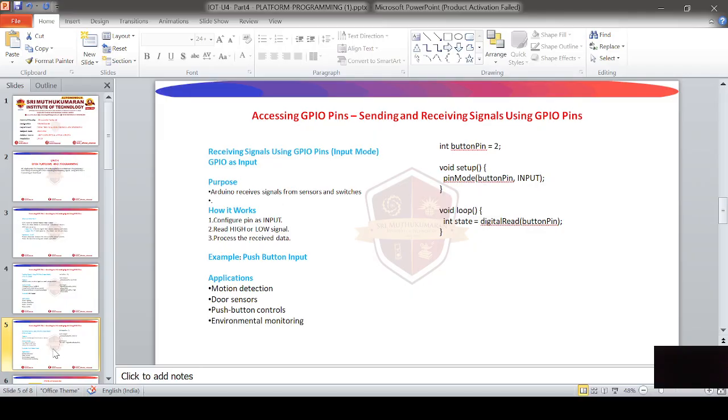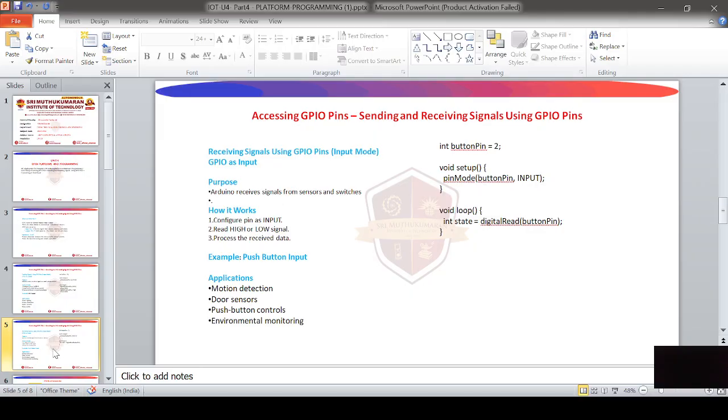Setup runs only one time, and loop runs again and again. Inside void setup, we use pinMode to configure the pin: pinMode(buttonPin, INPUT). Whatever is connected to pin number two is going to accept real-time values from the physical world.